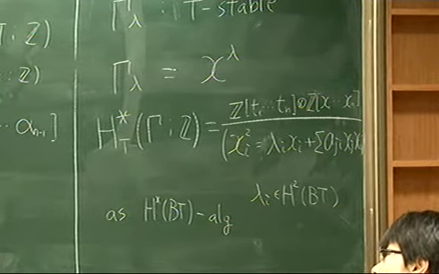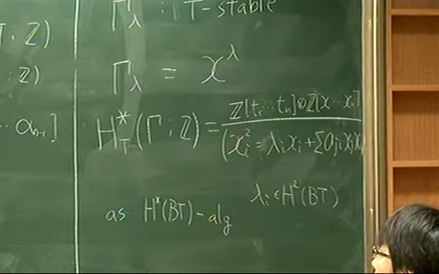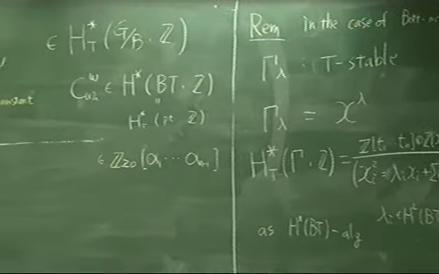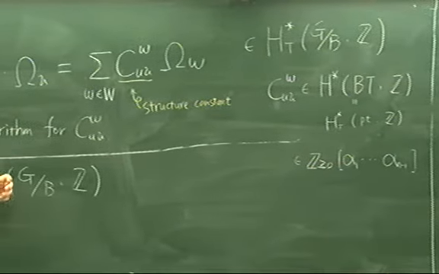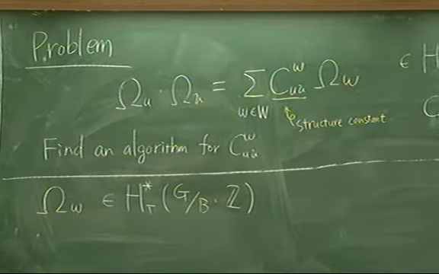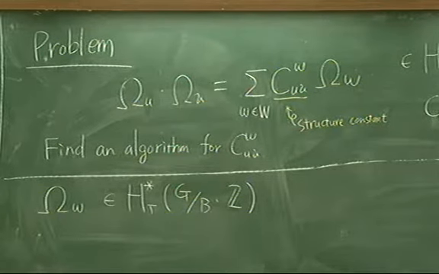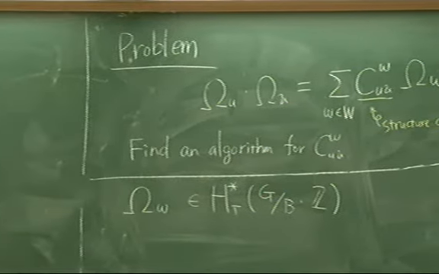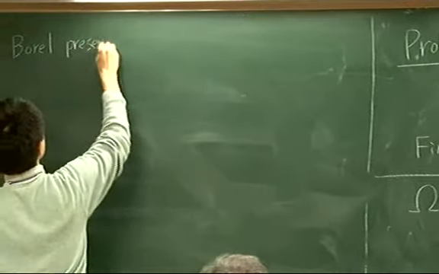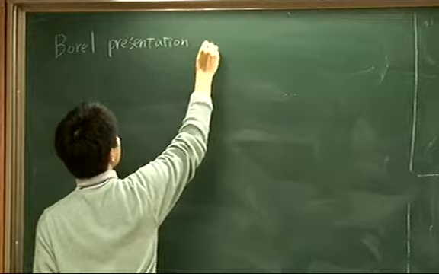Okay, so in the ordinary case, we know the ring structure for this cohomology, described as a polynomial ring divided by some ideal. So what is such a representation for the equivariant case, which is called the Borel representation?